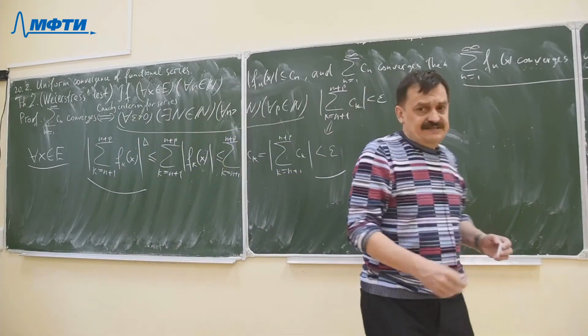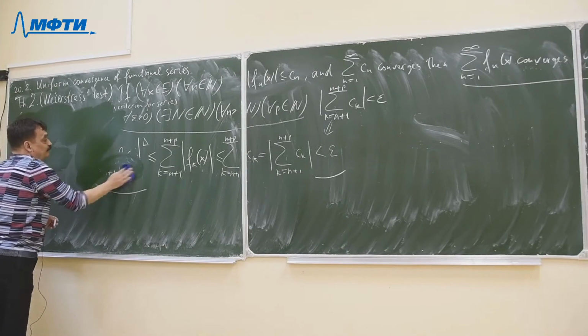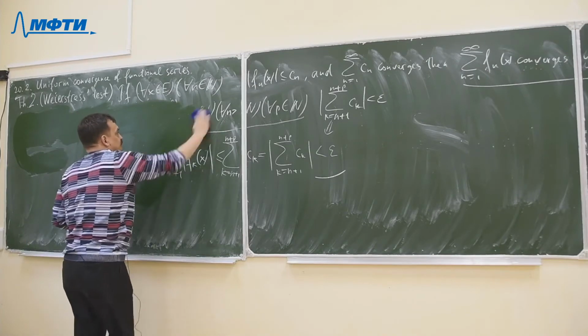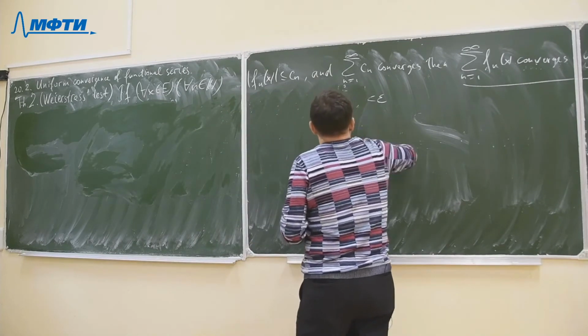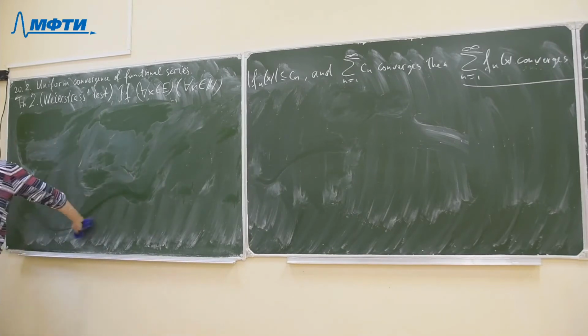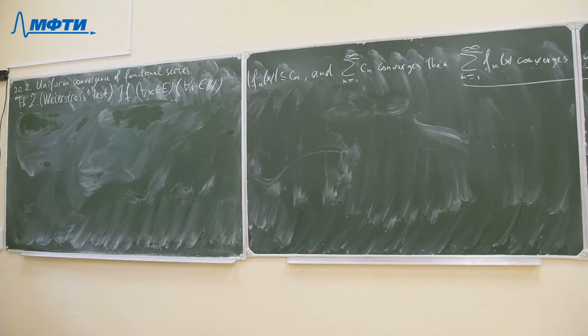So, the Weierstrass test is a very simple, but nevertheless very powerful tool. But sometimes it is not sufficient. So we need to find other tools for uniform convergence, like for usual convergence of series. And you see, once again, the Dirichlet test appears.